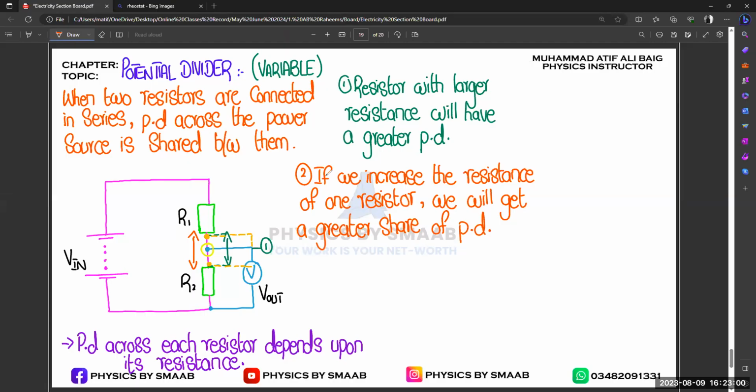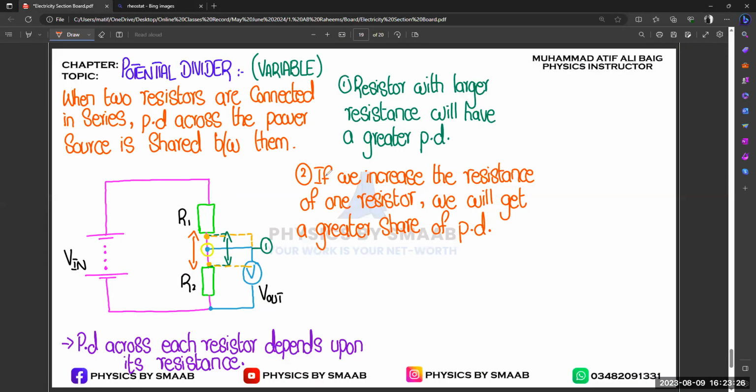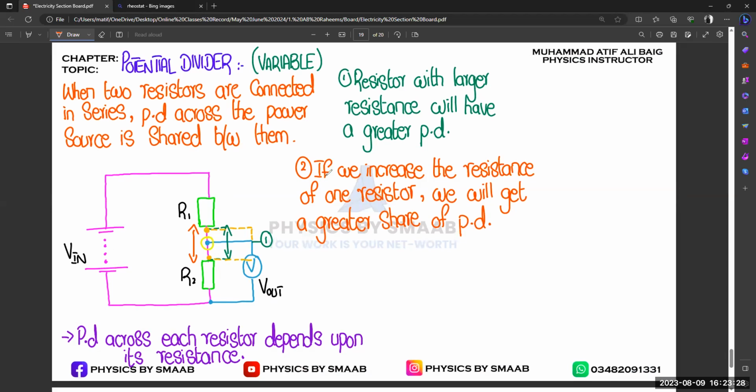We observe that a resistor with larger resistance has a greater potential difference, right? It means that if we increase the length on one side, just like in the diagram where the left-hand side length is greater, then on the left-hand side we are getting a greater value of voltage as compared to the right-hand side. So this is the simple concept of rheostat. This rheostat is the practical demonstration of potential divider in our labs.